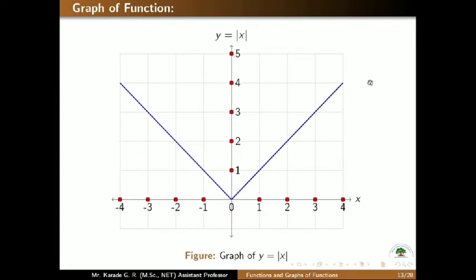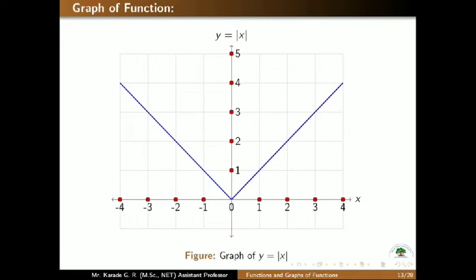So let us take the first function, y equal to mod x, and this is the graph of the function y equal to mod x. As we have seen, it is defined for all real numbers. We have taken part of the whole graph. So its domain is the closed interval minus 4 to 4, and the range of this function is the closed interval 0 to infinity.